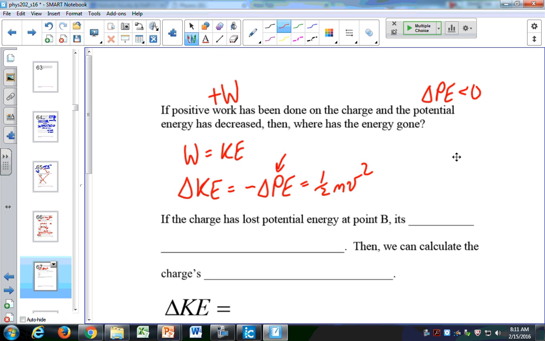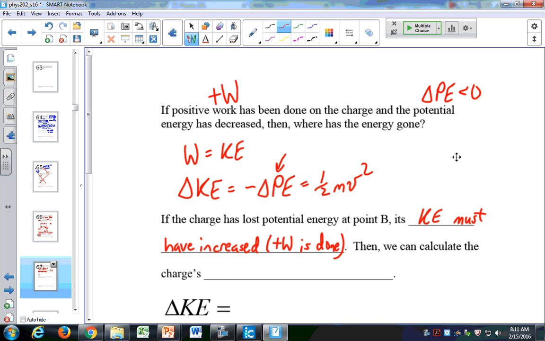So if the charge has lost potential energy at point B, its kinetic energy must have increased, because after all, positive work is being done. And if positive work is done, then the energy has to be increasing in some way.